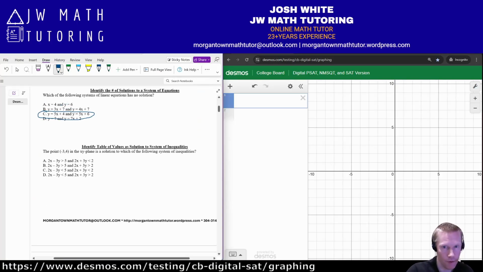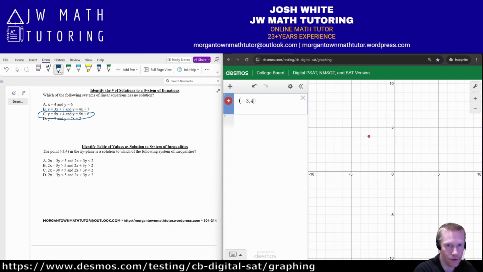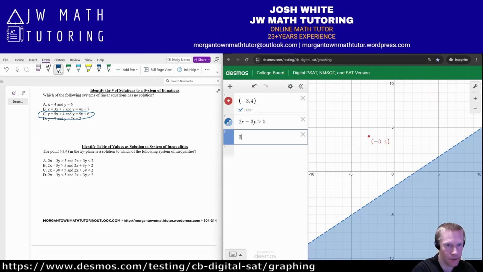So here we have a given point, -3, 4. First thing I'm going to do is graph that point and give it its label. Okay, we see its coordinates, right? This point is a solution to one of these pairs of inequalities. So all I'm going to do is graph them each out and see which one.